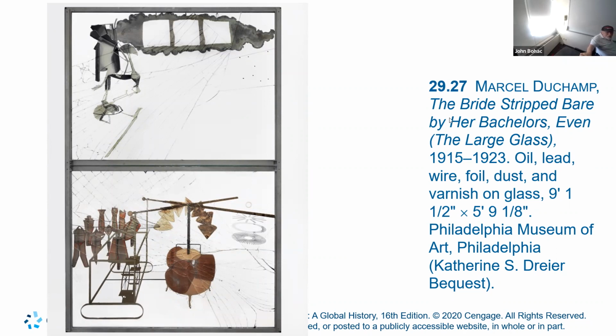And it's talking about the bride stripped bare by her bachelors, and down here are the bachelors. The bride is up here, and this is all symbolism, and it's all symbolism that was created by Duchamp himself. And he had this thing here. You'll see this in a lot of Duchamp's work.